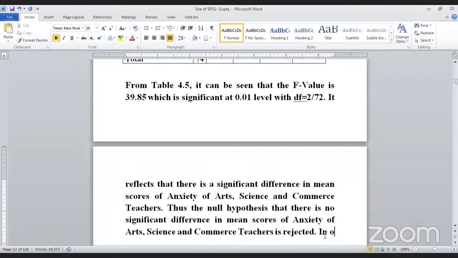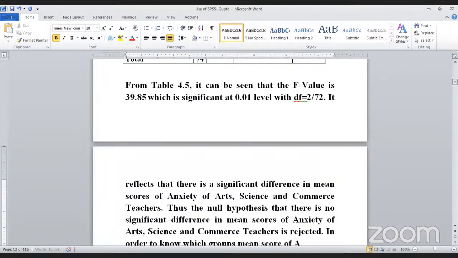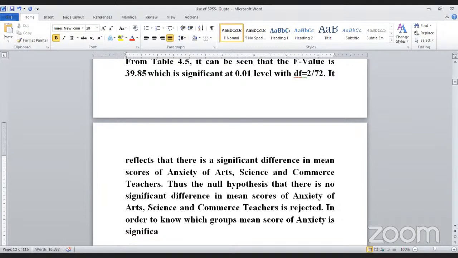So then I'll say in order to know which groups mean score of anxiety is significantly higher, the data were further analyzed.